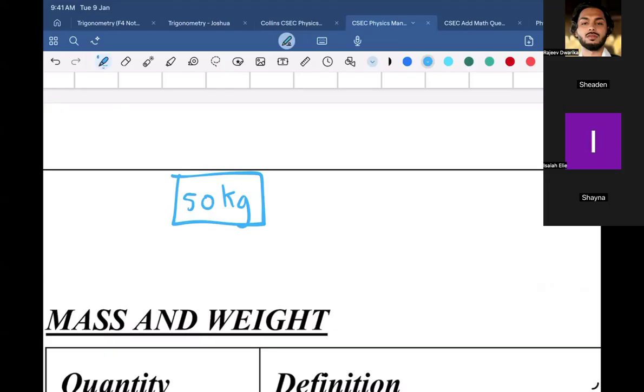So here's what I'm saying: if weight is a force, then weight is supposed to be measured in what? Newtons. Right. So when you see kilograms, it's supposed to scratch weight off your checklist, because you see it in kilograms there. Understand?